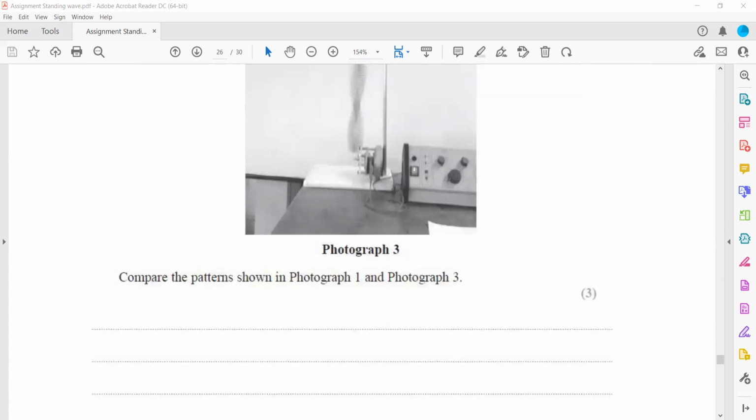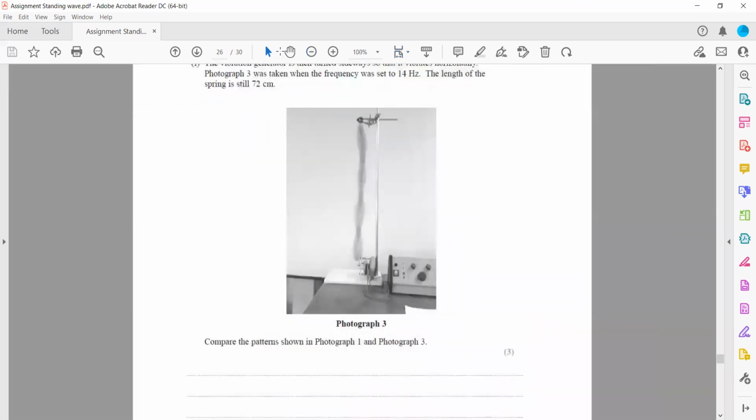The main difference is the type of wave which is produced. First thing, both are producing a standing wave, and there are nodes and antinodes. As you can see, this is a node, and antinode. Then node, antinode. So when we compare the patterns, first thing, the similarity, both are producing standing waves.